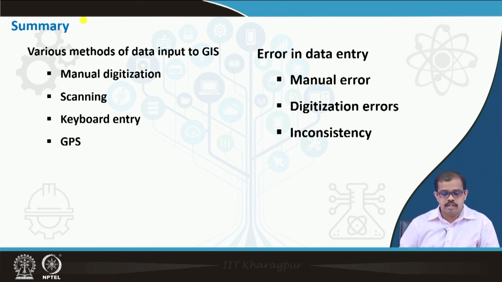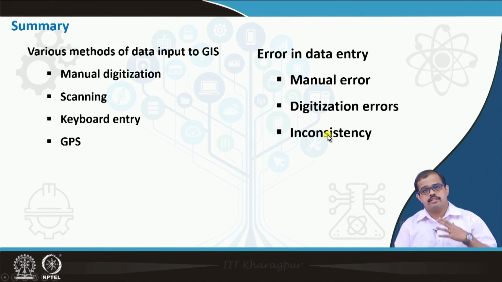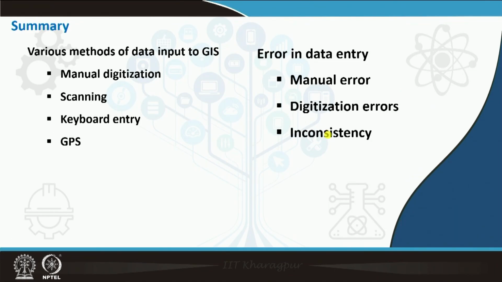We will look at all of these. Then there is error in data entry. This is extremely important and crucial in developing a data set. There is the manual error that may creep in, then you have digitizing errors and inconsistency. All of these have to be addressed before you have a data set.